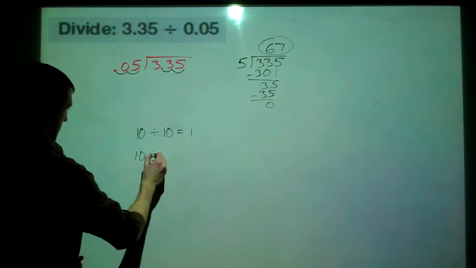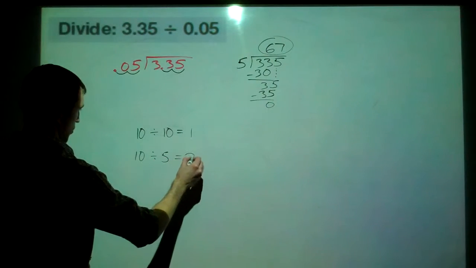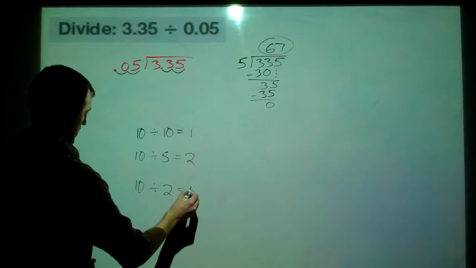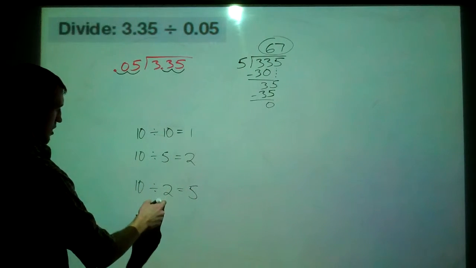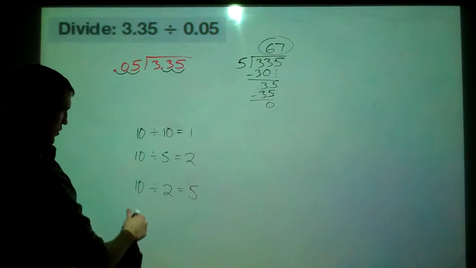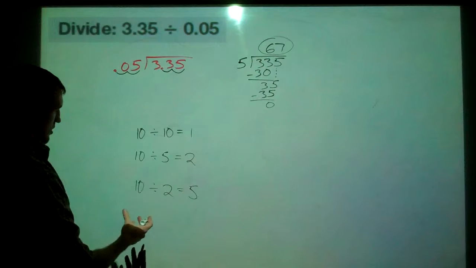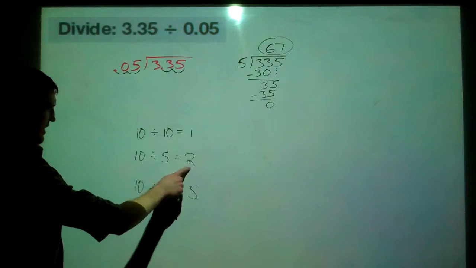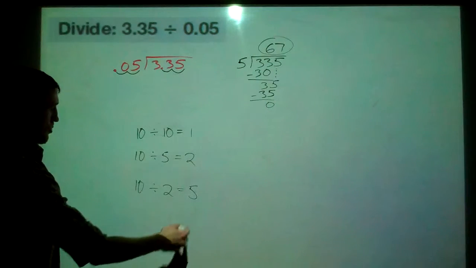But 10 divided by 5 is 2. 10 divided by 2 is 5. So as the divisor gets smaller, we get a larger answer, because we're breaking it up into bigger parts, basically.